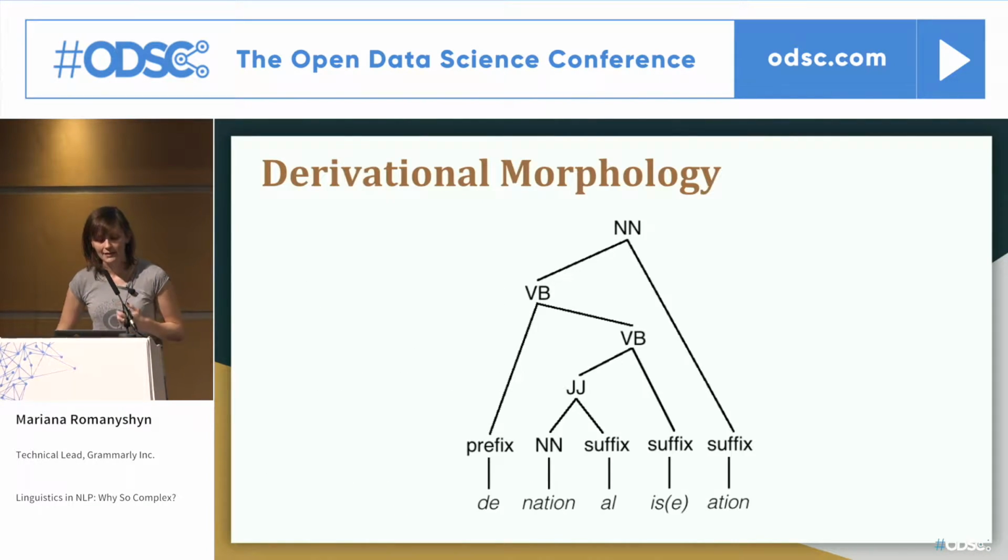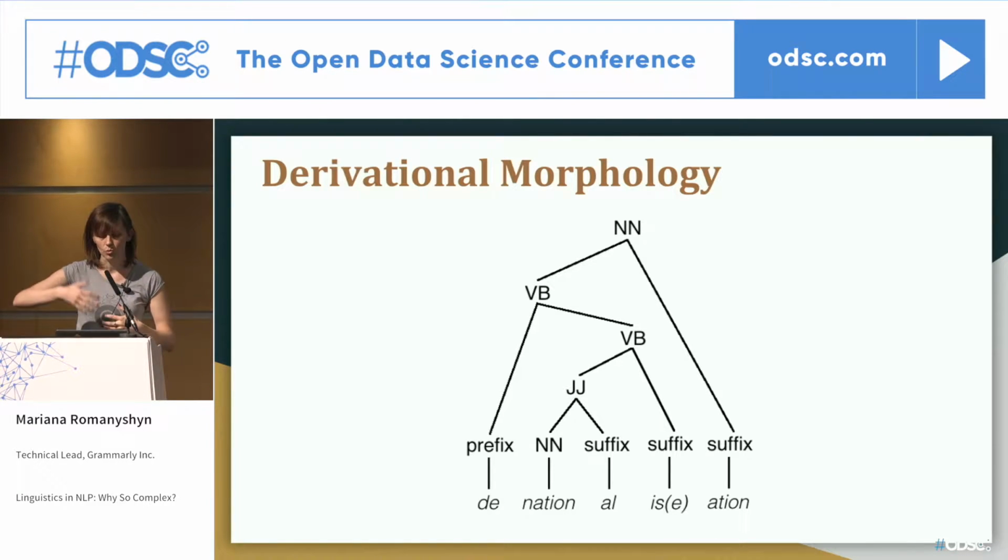There's another study in linguistics called derivational morphology that explains how words are formed from other words and from other inflections. The word denationalization here is combined out of 5 different elements, and these elements in linguistics are called morphemes. You can build a tool called a morphological analyzer that will perform this kind of breakdown for every word in your language that is needed.